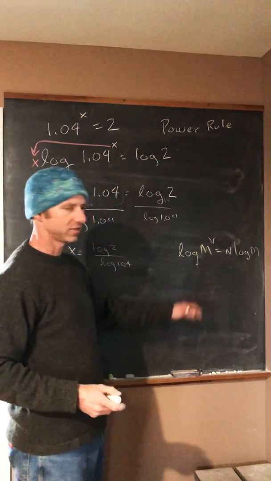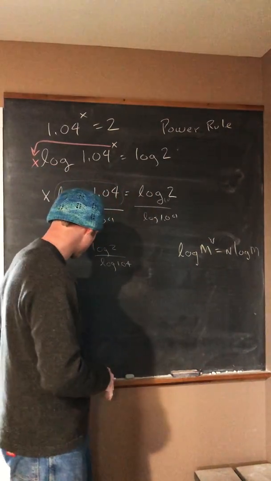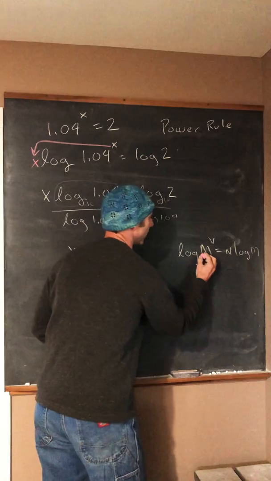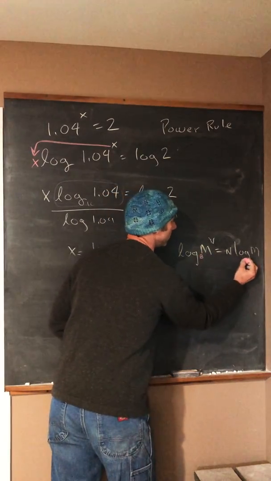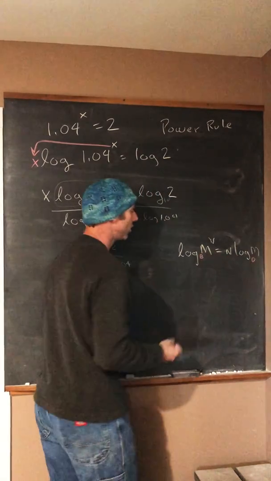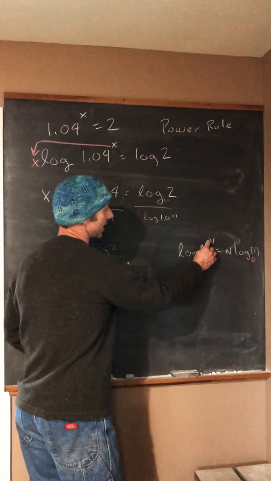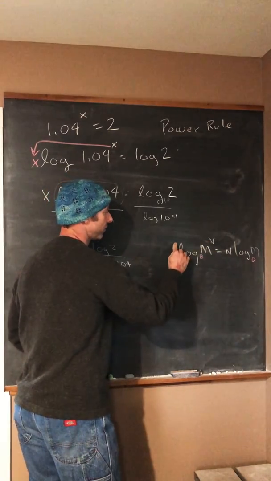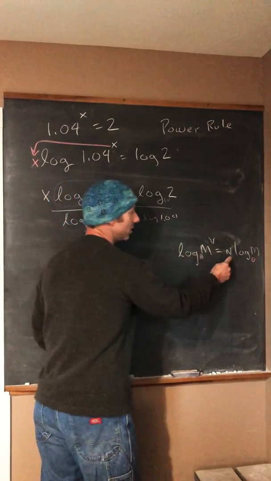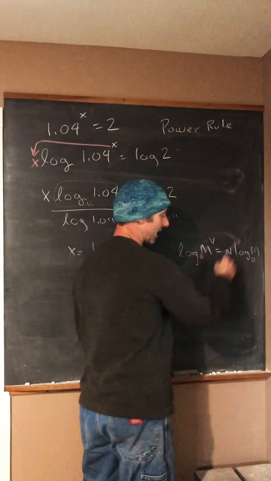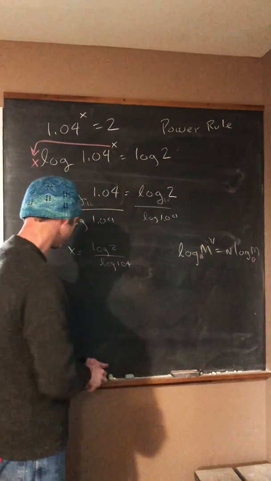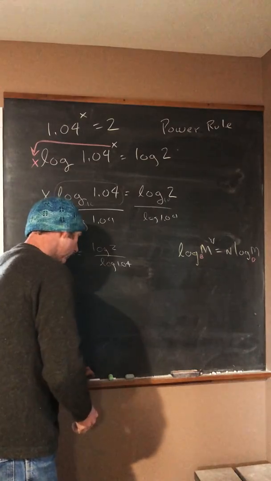So I skipped the bases. Doesn't matter what base you use. You can put a base in here if you'd like, b. But I want you to notice that this exponent drops in front. Once it drops in front, we can then divide it out and do what we need to. This is the power rule.